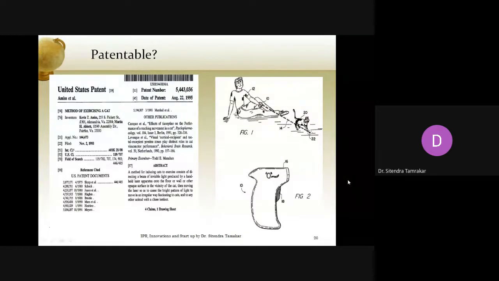So there are two things: the gun, and the process the person uses to exercise a cat. This is patentable. In India, things are patentable: any device, a formula, a theory is mostly patentable.